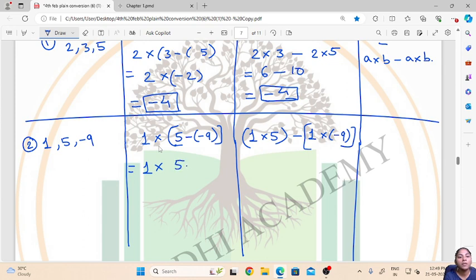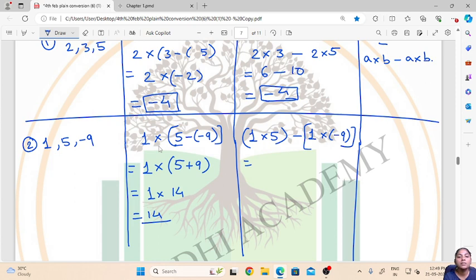So we have 5 plus 9, then we have 1 multiplied by 14. So the answer will be 14 over here.